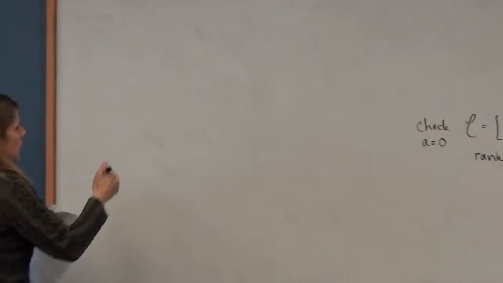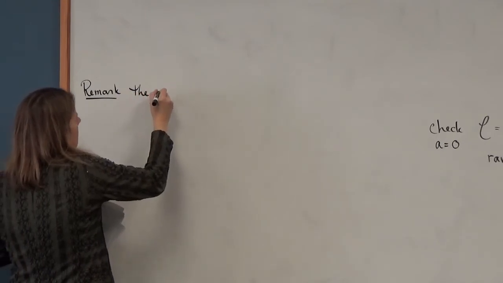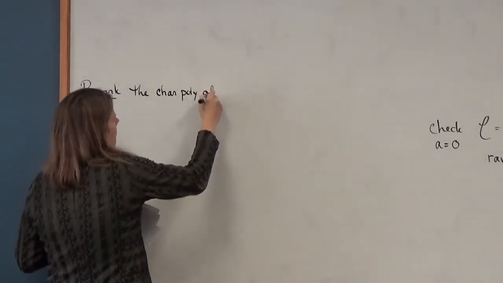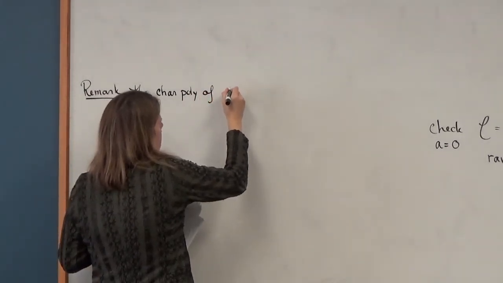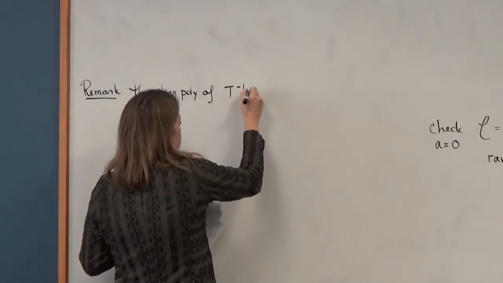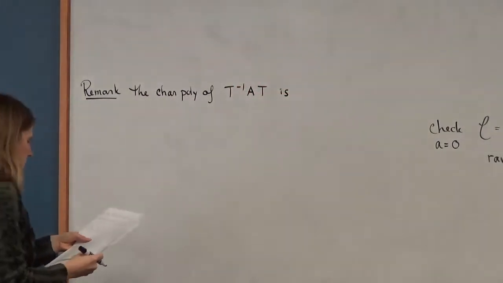So the characteristic polynomial, I'm going to write this as a remark, of A in controllable canonical form is the following.